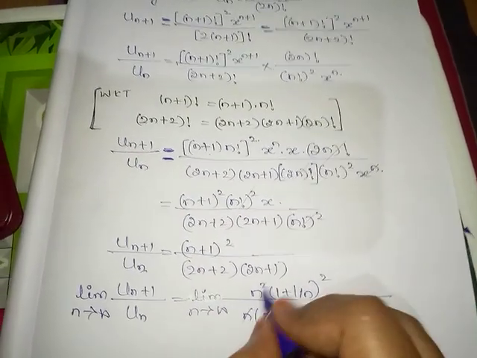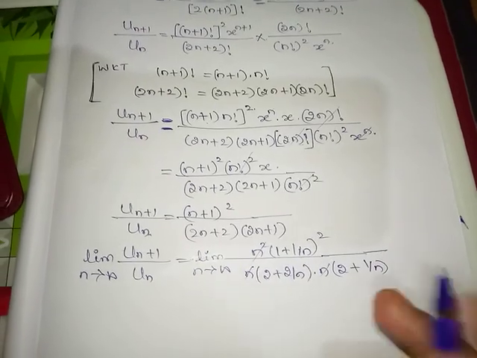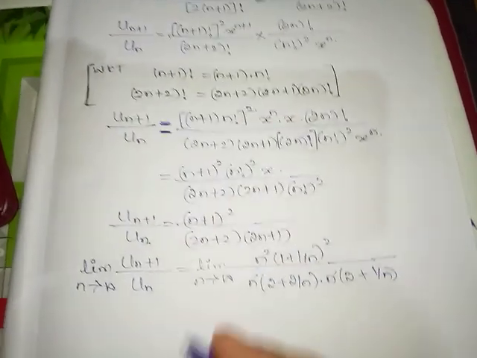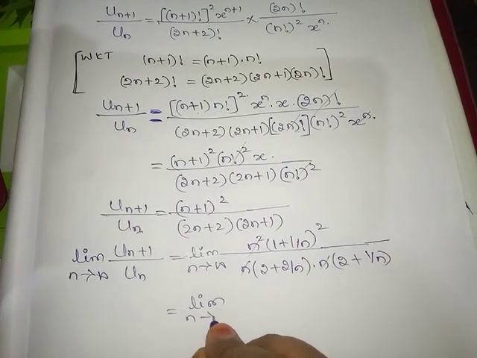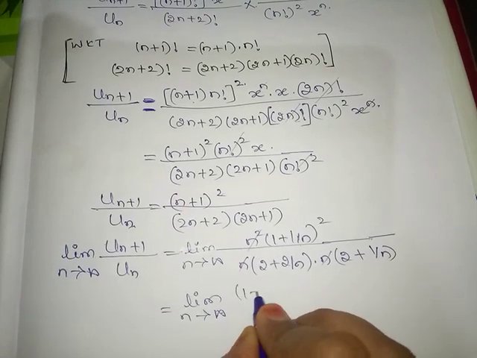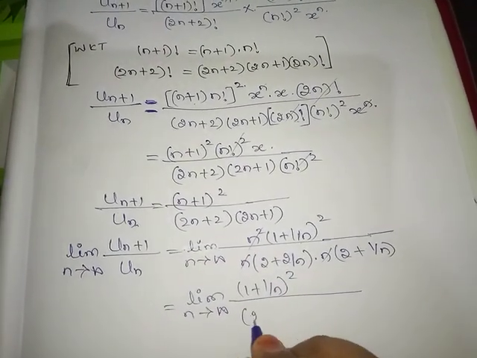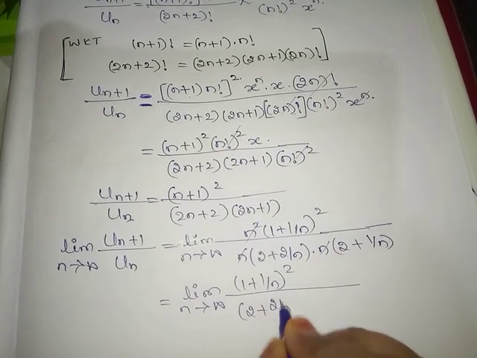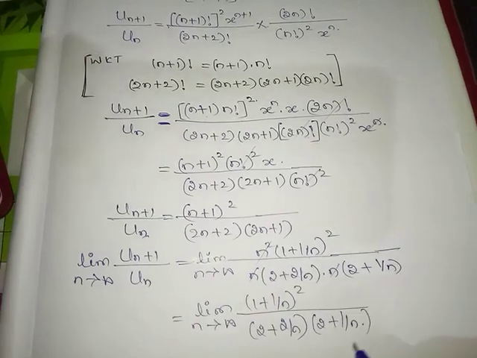This n cancels with this n square, and simplify this one. The remaining terms are limit n tends to infinity, 1 plus 1 by n whole square divided by 2 plus 2 by n into 2 plus 1 by n.